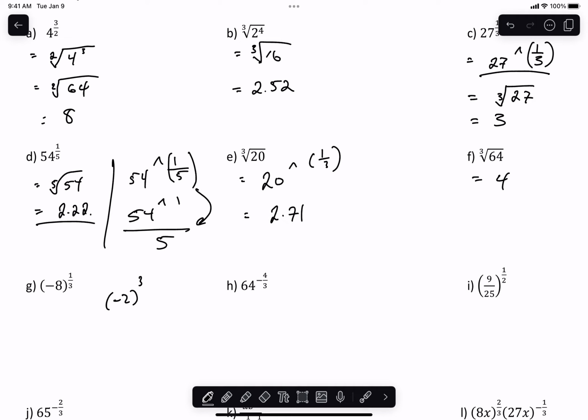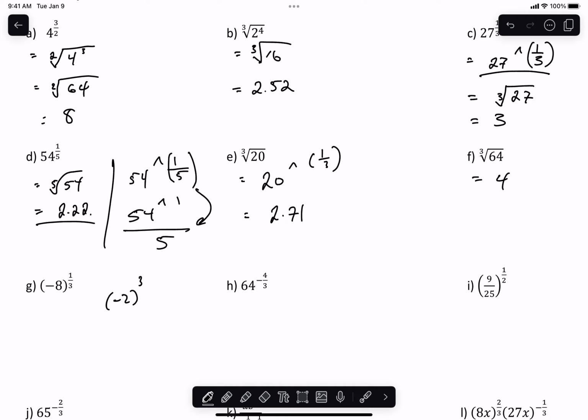And so your answer remains negative. But if it's to a positive even exponent, like to the power of 2 or 4 or 6, again, that repeated multiplication says there's going to be an even number of negatives, and subsequently your answer is going to come out to be positive. Does that make sense?